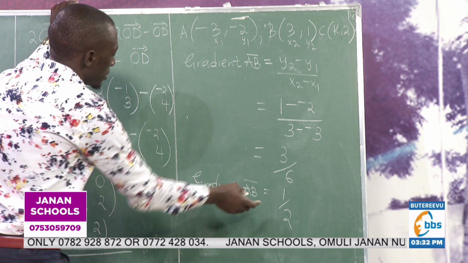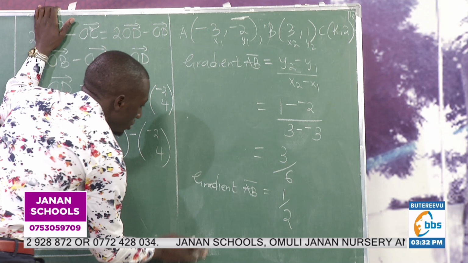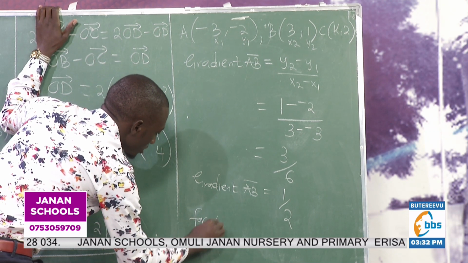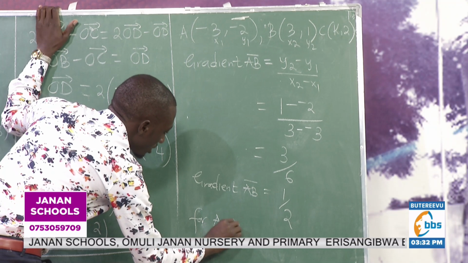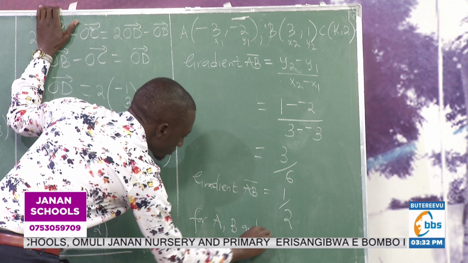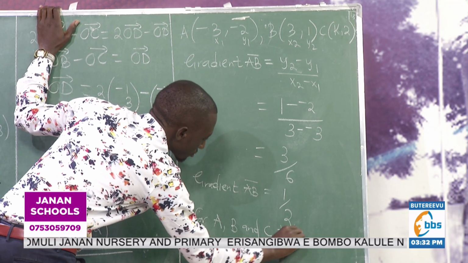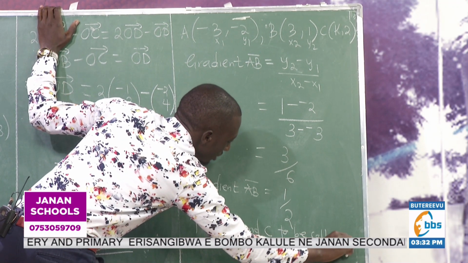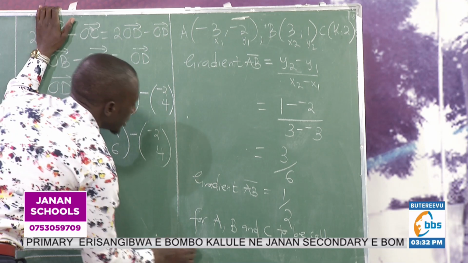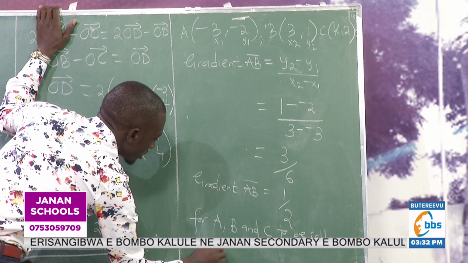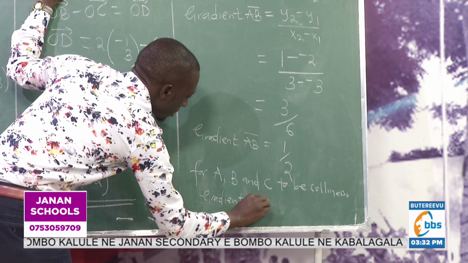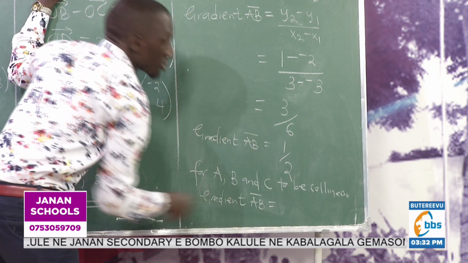So I have gradient AB is that, but since A, B, and C are collinear, then it means that gradient AB will be equal to gradient of SC here.